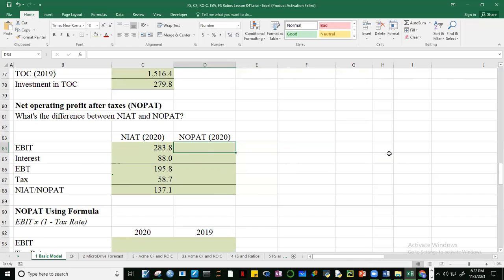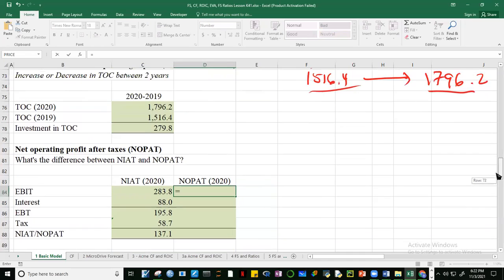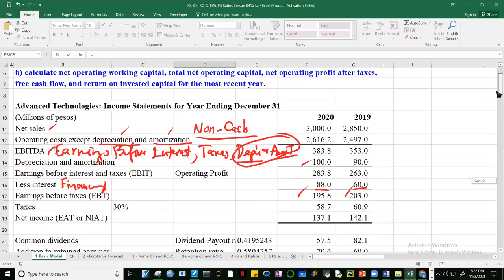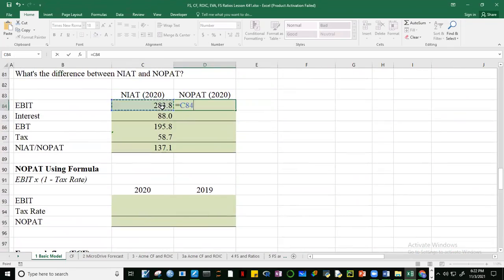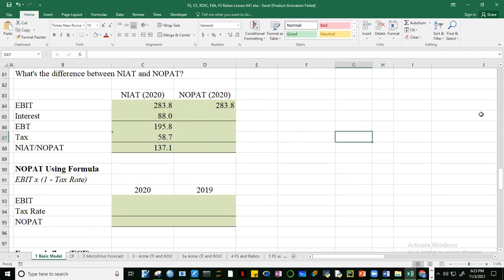Now, how about your NOPAT? Your NOPAT is net operating profit after tax. Take note, guys, operating. Again, we have to exclude any financing expenses. So let me just copy it here, because it's still the same. 283.8, same EBIT. Now interest, guys.